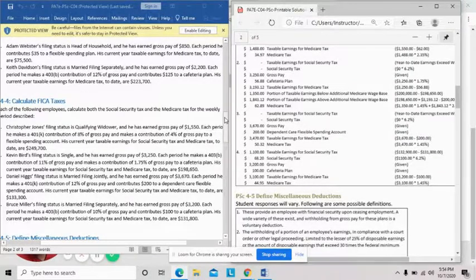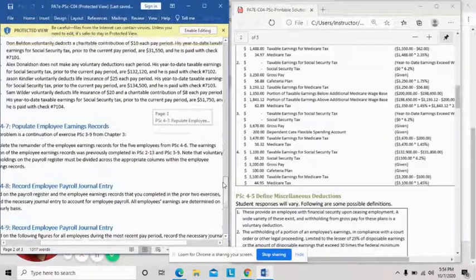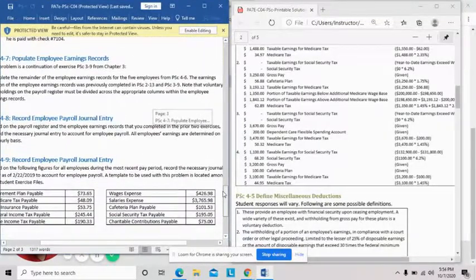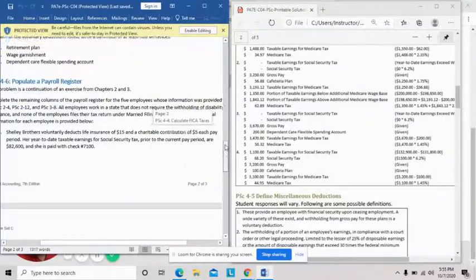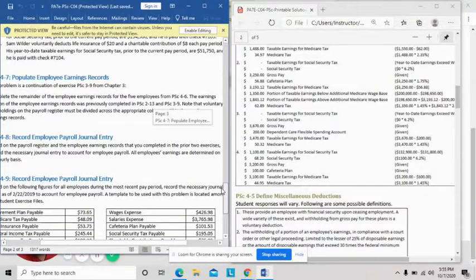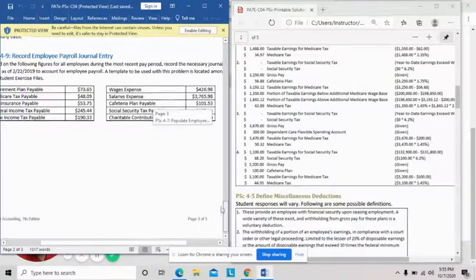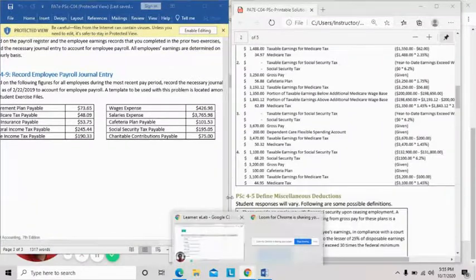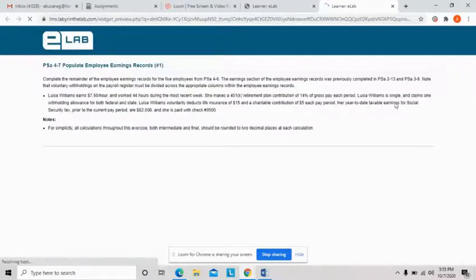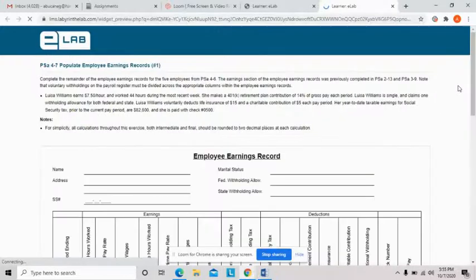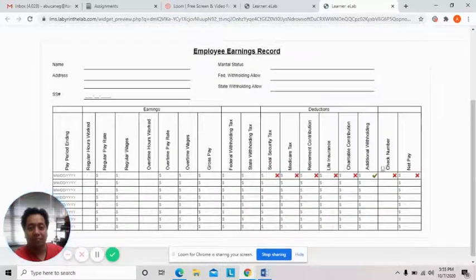If we look at what's needed for the earnings record, I think, not earnings records, but employees, that should cover it, I think. If you look here, right, so we look at an employee record here, you'd have to fill in the various slots, right?